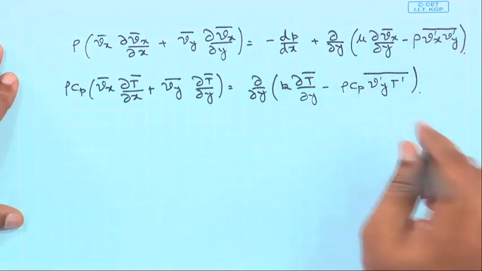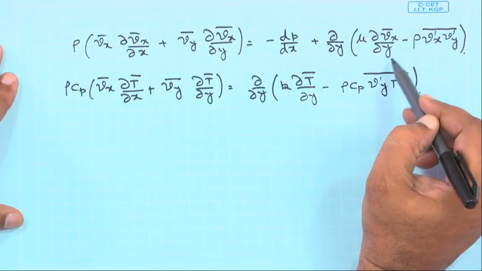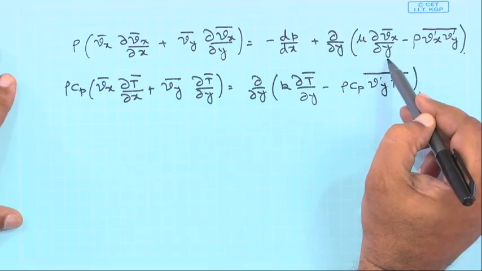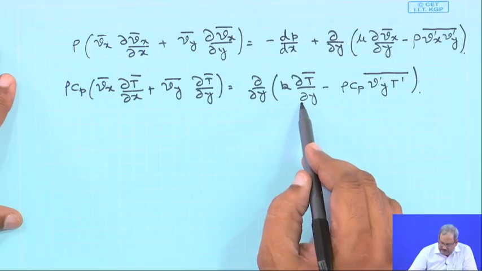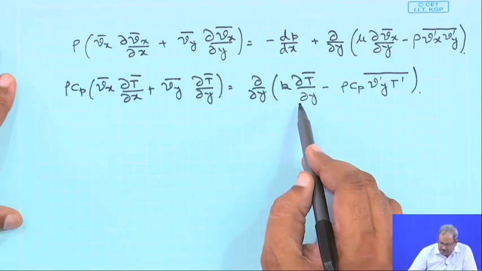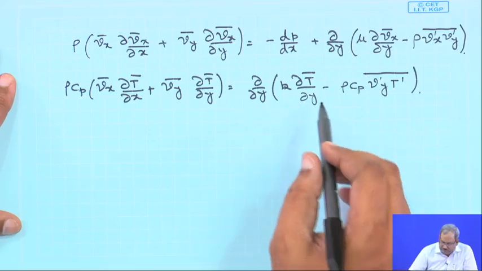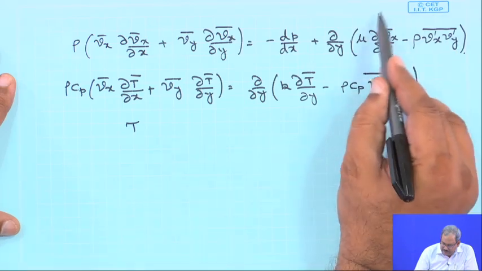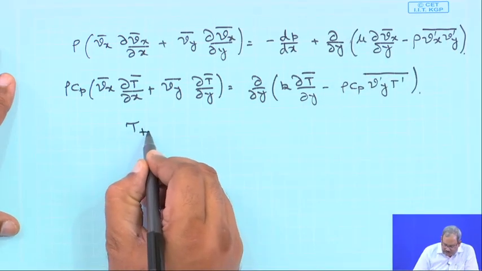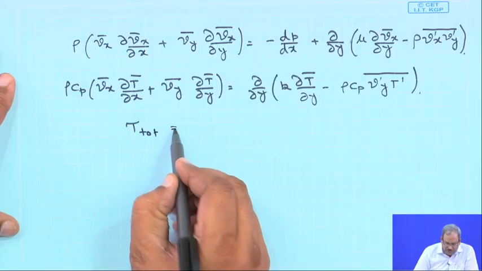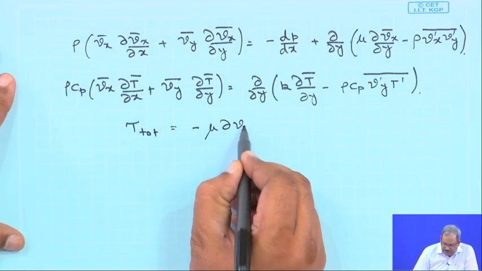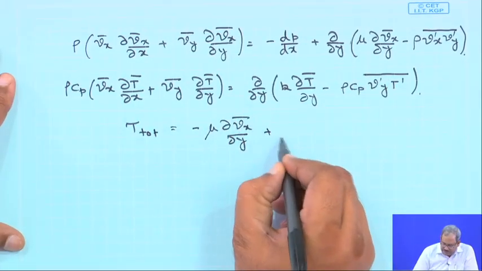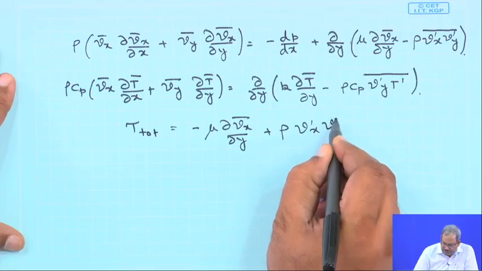If you look at only this part, mu times velocity gradient, this is nothing but the shear stress in laminar flow, and this is nothing but the conductive heat transfer in laminar flow. So, when I express this entire thing and call it a shear stress, this tau total is mu del v x del y, this term which is for laminar, plus an additional term, rho v prime x v prime y.